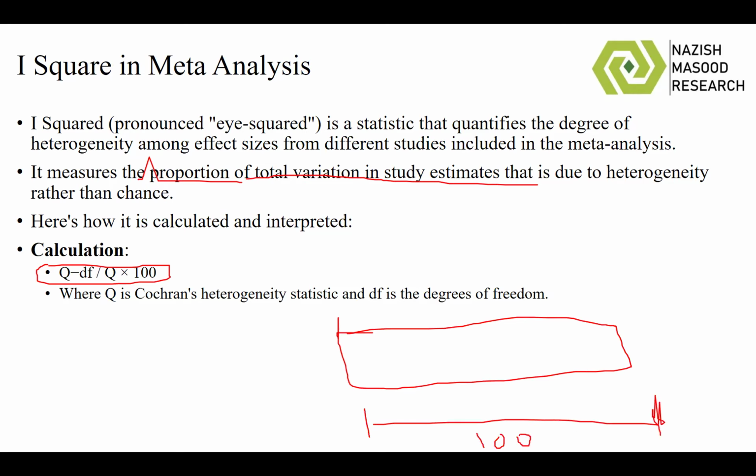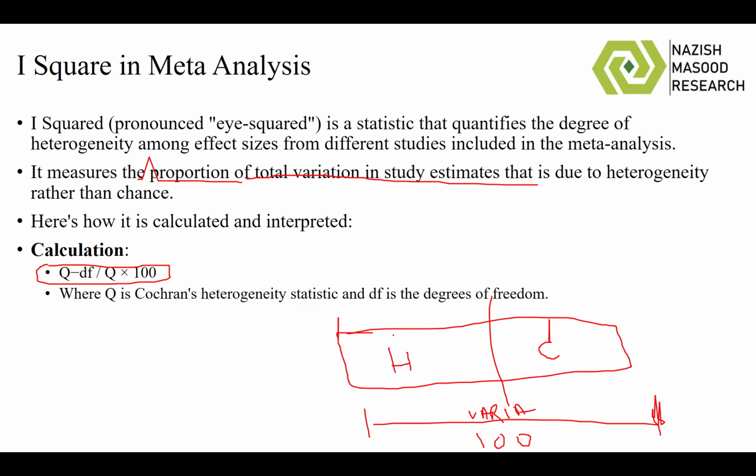What proportion of this variation in the effect sizes of individual studies can be because of heterogeneity, and what percentage or proportion, which is basically the same thing, is because of chance?